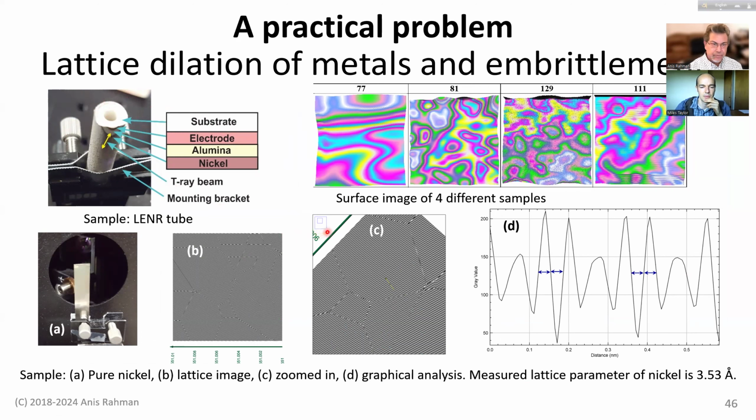We could image all of them without polishing because T-ray can penetrate, but we didn't want to take any chance because of this metal. Metal is a significant barrier for getting in and out. So even though it could go all the way to the copper, we wanted to see the interface more clearly. That's the reason we had to polish it.